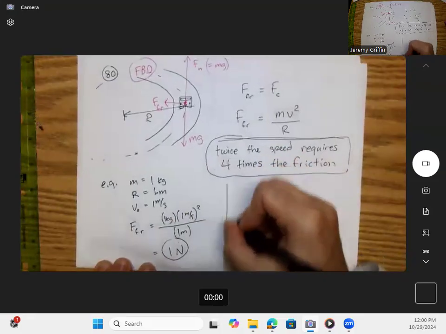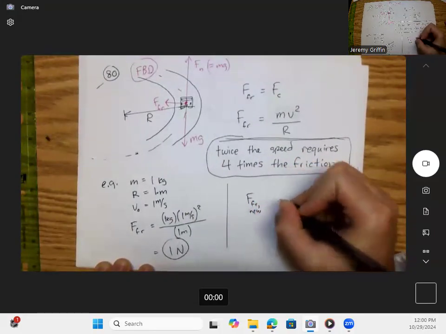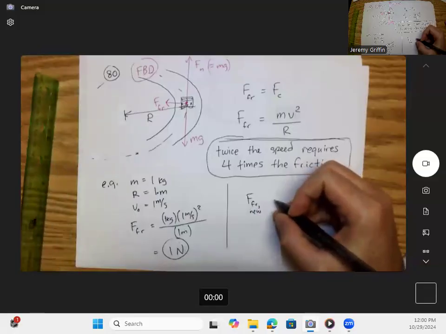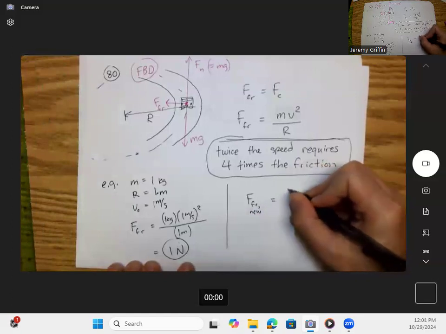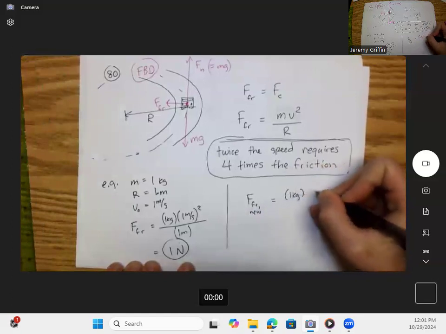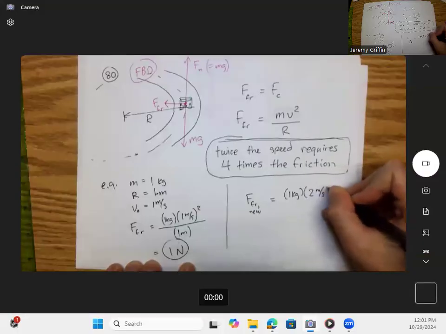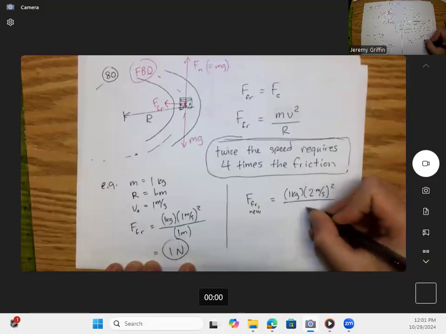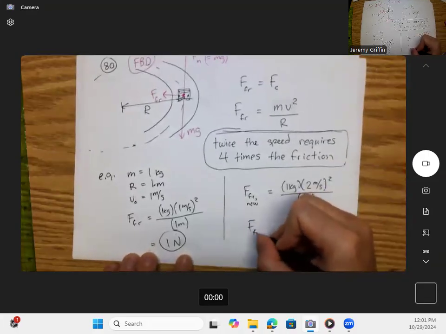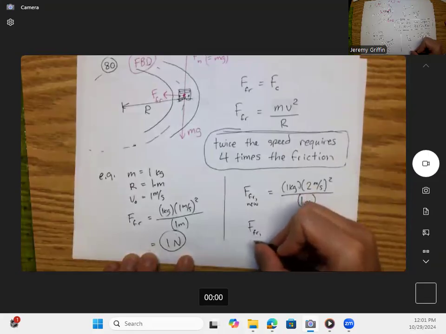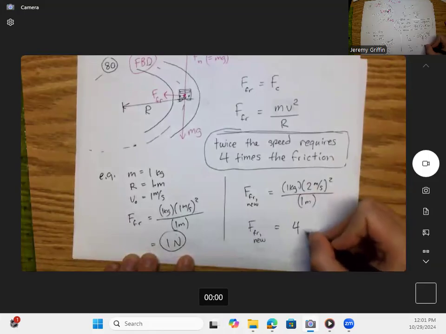Okay, now let's double the speed. So the new friction force equals the same mass car, 1 kilogram, times, now we're going to 2 meters per second. We're going to square that and divide by the same 1 meter radius, right? Hey, how many newtons of friction is that? 4.